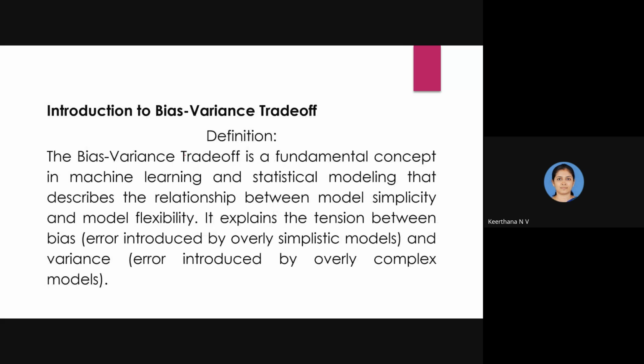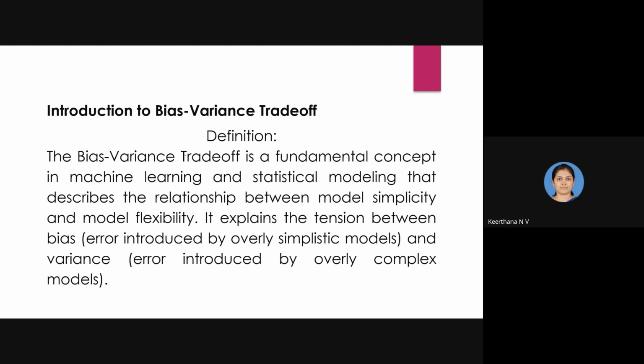So, what does bias variance trade-off mean? It is one of the properties of MLE, and it can be overcome by MAP in dealing with small data sets. As I said, it is a fundamental concept of machine learning and statistical modeling that describes the relationship between the simplification of a model and the model flexibility.